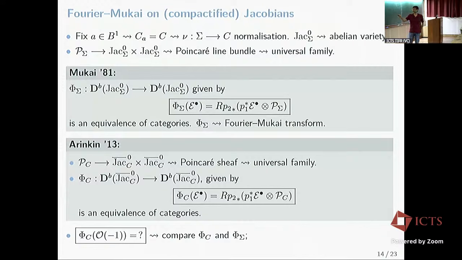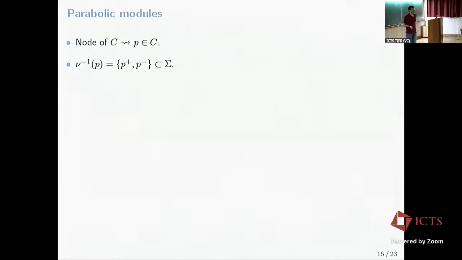And in order to do this there is this other object that I'm going to introduce now, these generalized parabolic bundles, also known as parabolic modules, okay? So what are these? Take a node on C, P. So normalize it. You get two different points on the smooth curve.